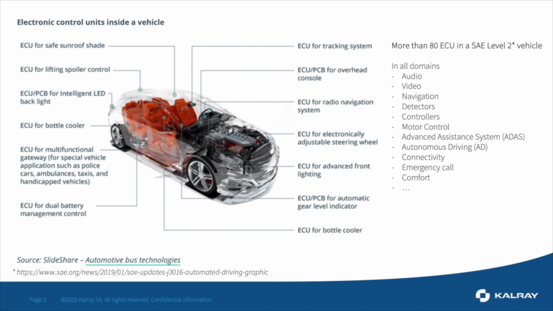What I'm referring to here is a level 2 vehicle, which is sorting done by the SAE consortium that classified the type of autonomy into the vehicle. And level 2, on a scale from 0 to 5, is one of these advanced driving assistance systems that we are talking about and that are currently on the streets.